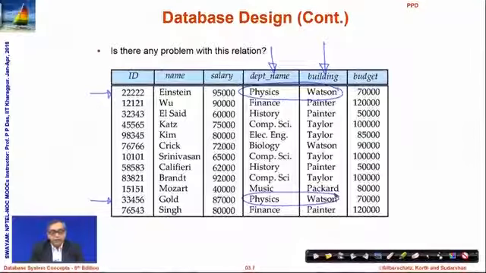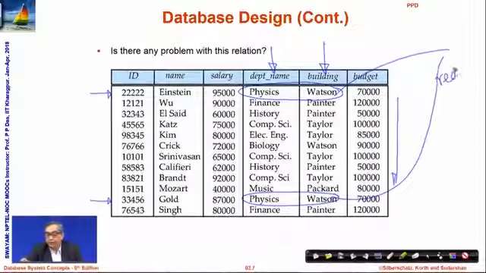Now, if the physics department is housed in the Watson building, then all the instructors who are part of the physics department would have their department housed in the Watson building. So, there is a certain issue of redundancy.